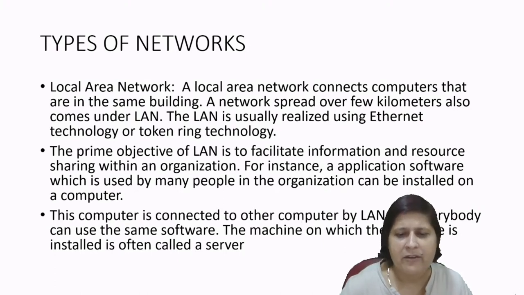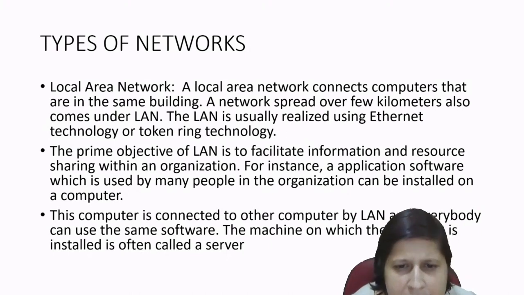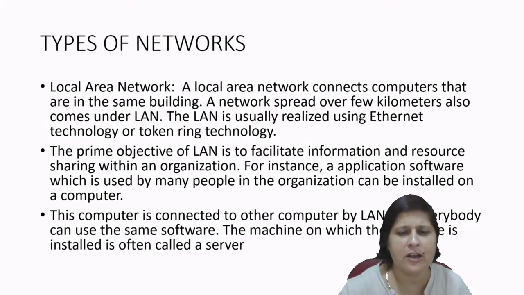The prime objective of LAN is to facilitate information and resource sharing within an organization. For example, an application software which is used by many people in the organization can be installed on the server, and then they can share that application software through the network, right?